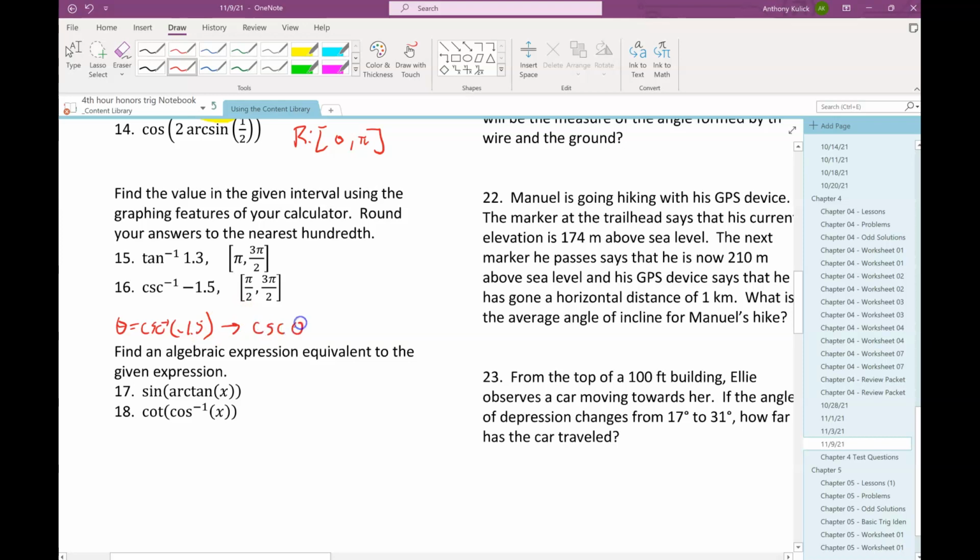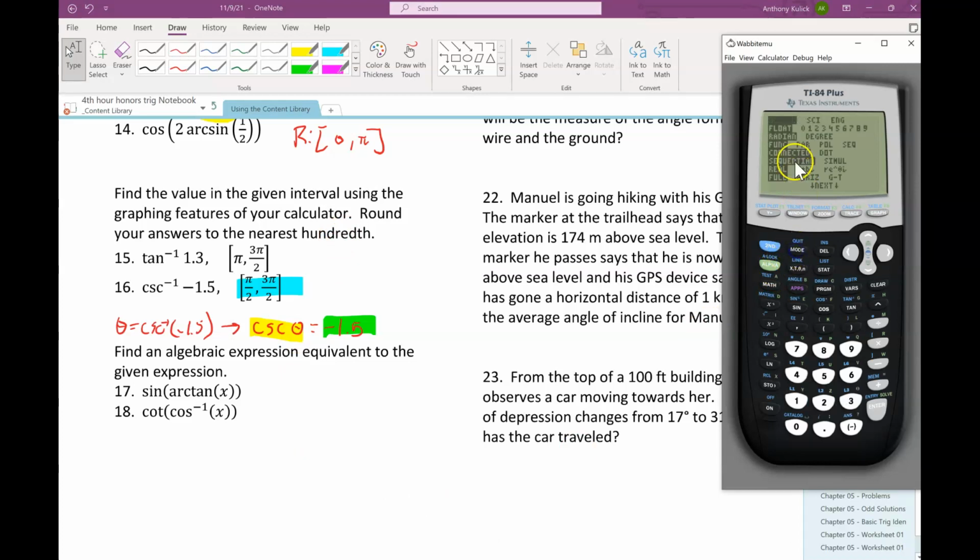That's equivalent to the equation cosecant theta equals negative 1.5, right? So this is what I'm going to be typing into my calculator. I'm going to type in both sides of this equation and find the intersection of them. And I'm going to look for that intersection over that range of x values.